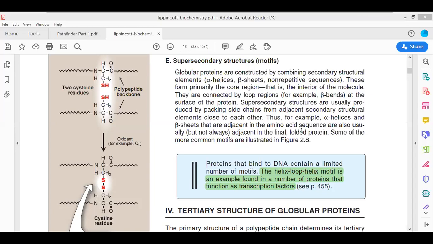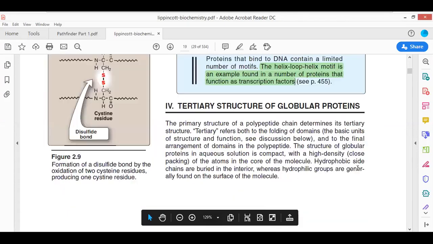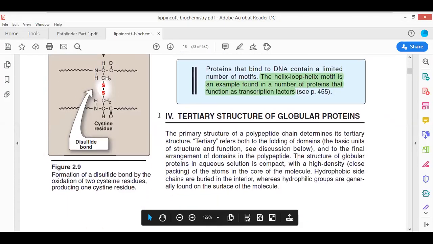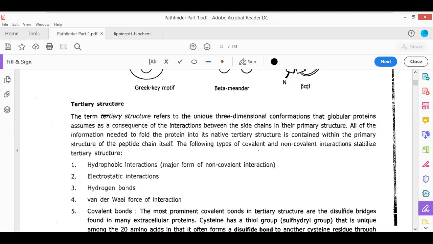Okay, now we would be looking at the second last structure of protein, that is referred to as the tertiary structure of protein. Now what do you mean by tertiary structure of protein? Tertiary structure refers to the unique three-dimensional functional structure of a globular protein.